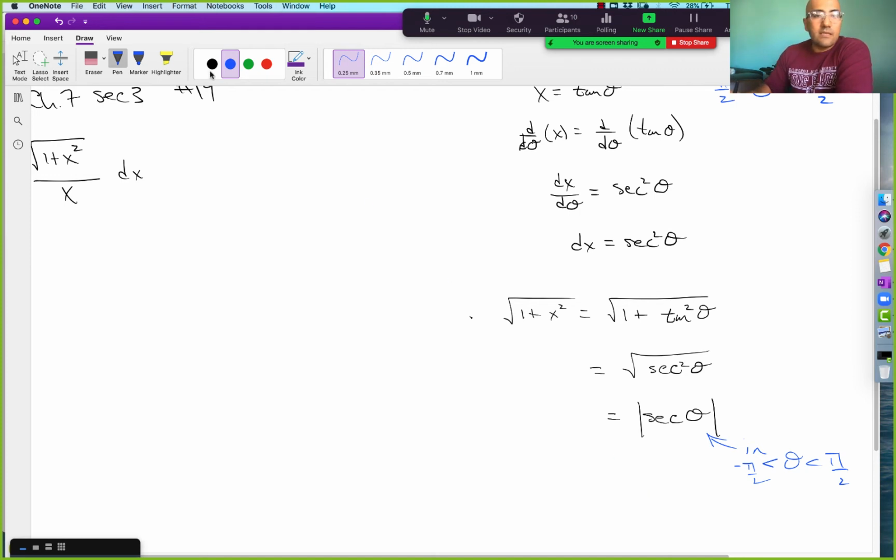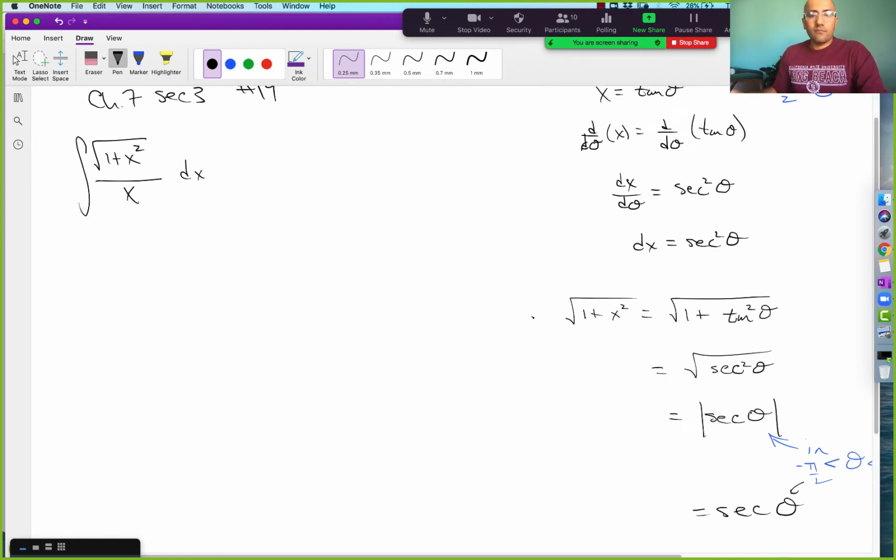So we just don't need the absolute values; they're redundant. If I stick to theta in this region, it's always positive anyway. Good? Okay. Now we have everything we need.